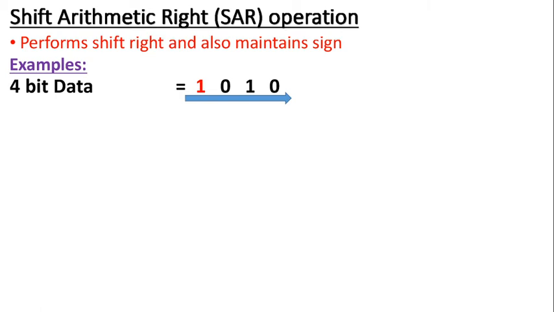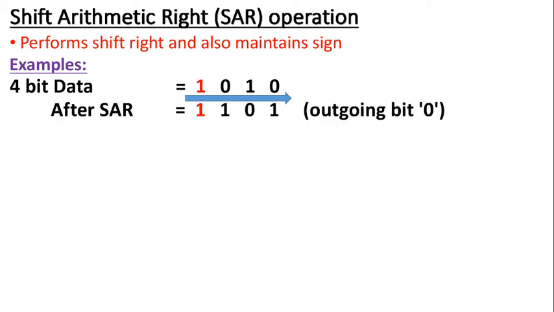And then after SAR, what is that result that will subsequently appear? You can observe here after SAR, the earlier sign bit of that data will be maintained, copied here, 1 as it is, which is again shown in red color itself. Then all the bits will be shifted towards right. And the LSB bit will be the outgoing bit.